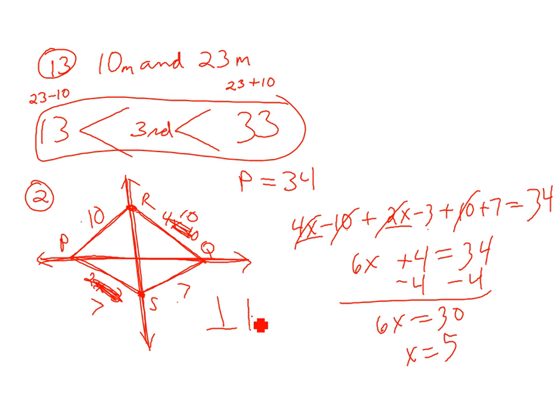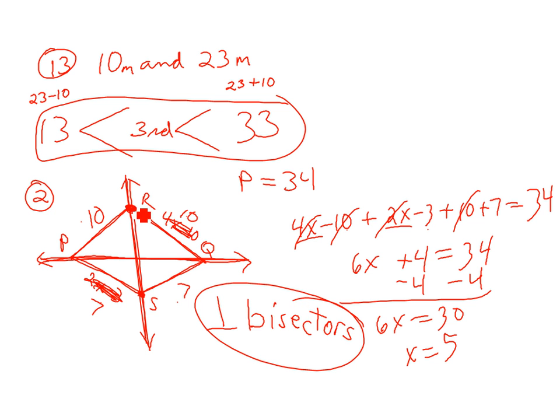They bisect. They're the perpendicular bisectors of each other. Remember that theorem that we just got done going over? If this point's the same distance from here as it is from there, and this point's the same distance from here as it is to there, then these two are perpendicular to each other and they bisect each other. Give me another one.